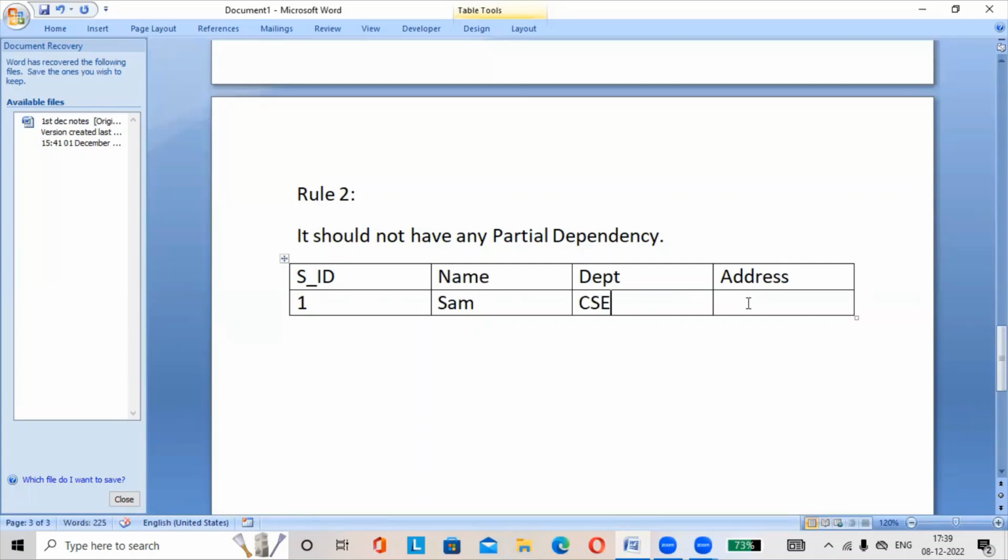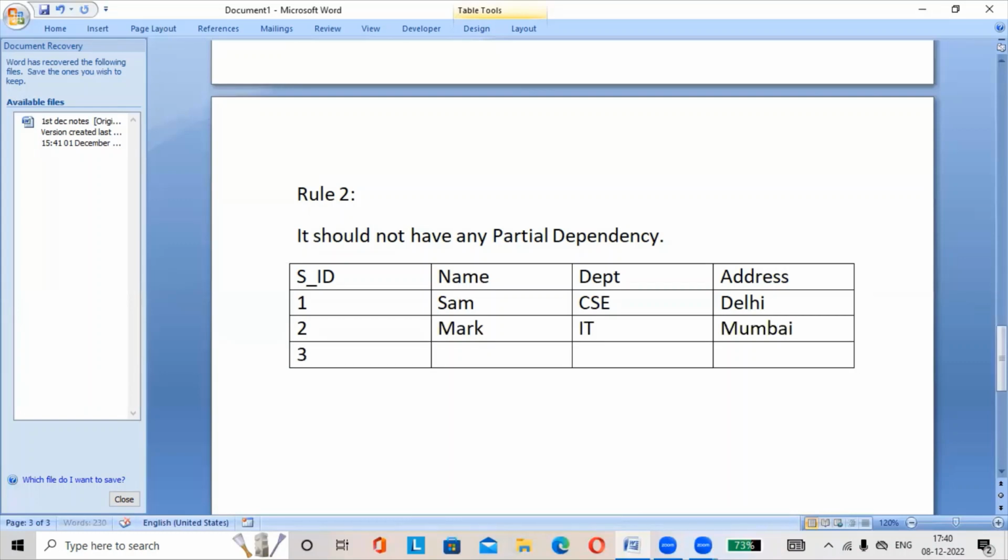Student ID is 1, name is Sam, CSC department, address Delhi. Then student Mark, he belongs to IT department, he lives in Mumbai. Then James, he is from Hyderabad.